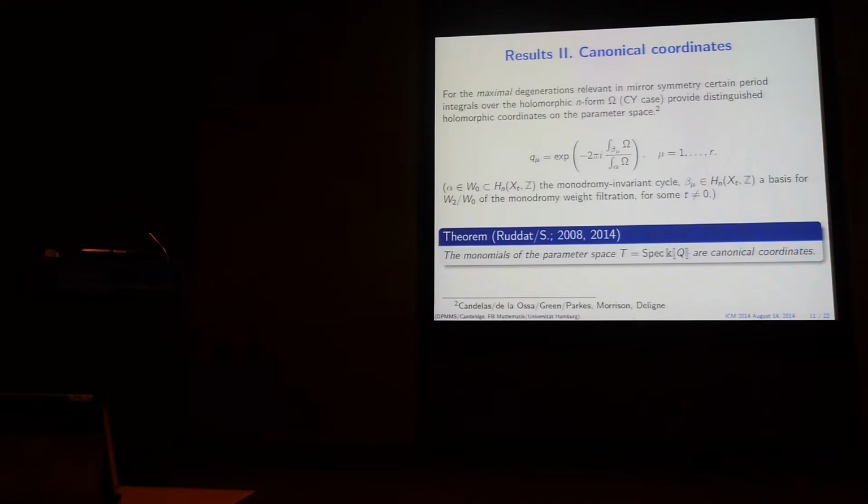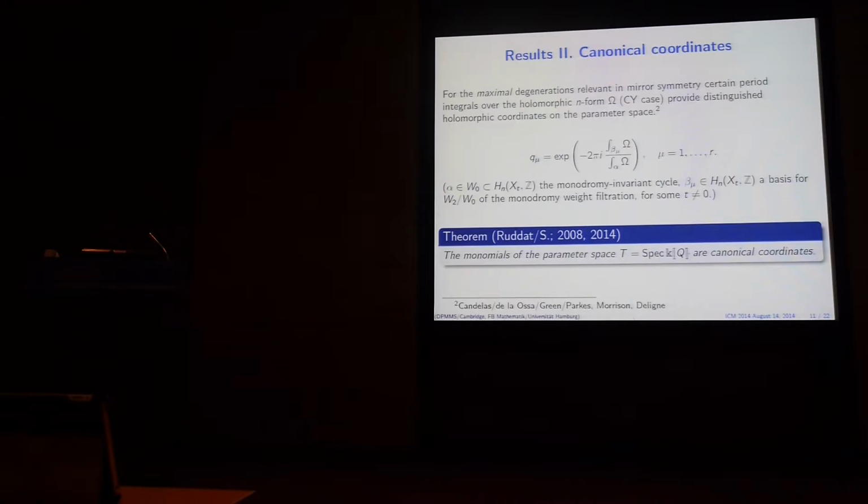I was mentioning canonical coordinates here. So there are these maximal degenerations that we were producing, and the arising mirror symmetry. They come with a distinguished set of holomorphic coordinates that are given essentially by certain quotients of period integrals.